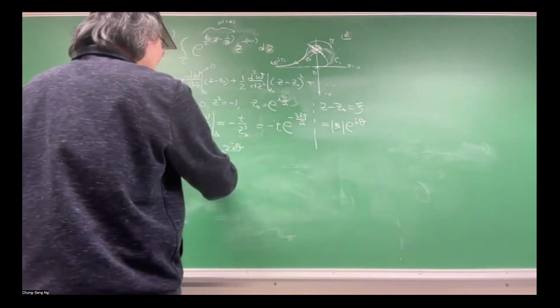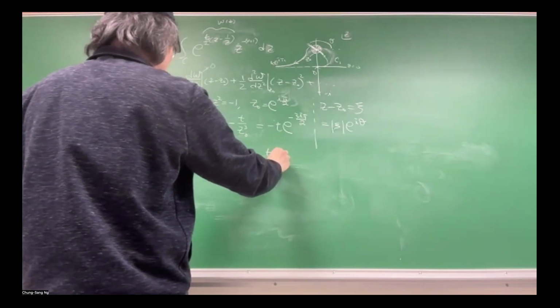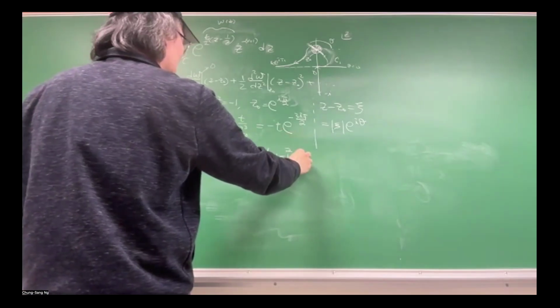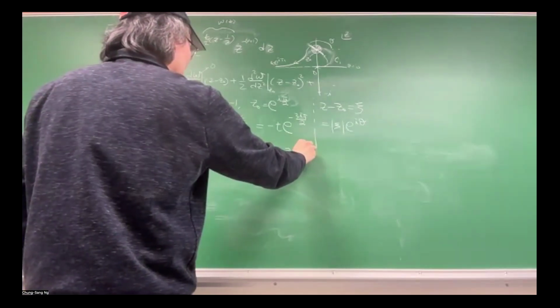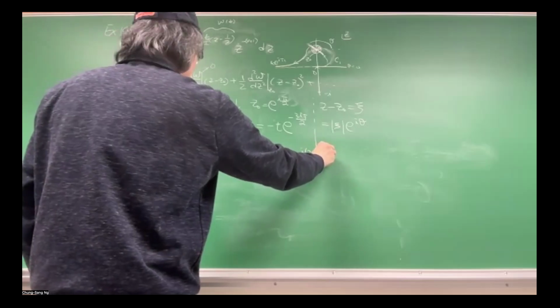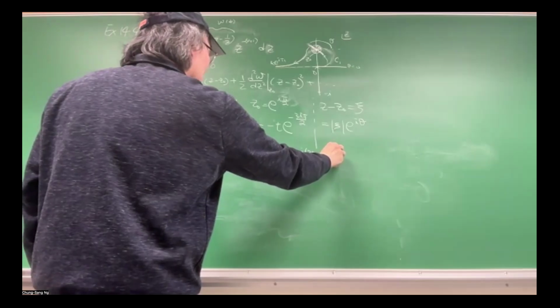Let's just combine the exponential function. It's minus t over 2 c squared times exponential of i times 2 theta minus 3 pi over 2.